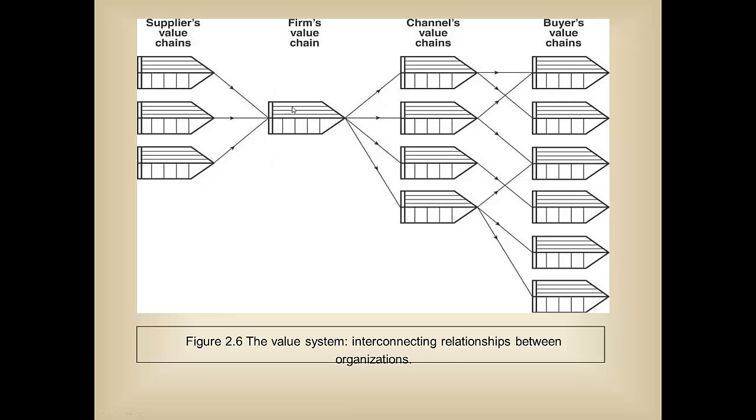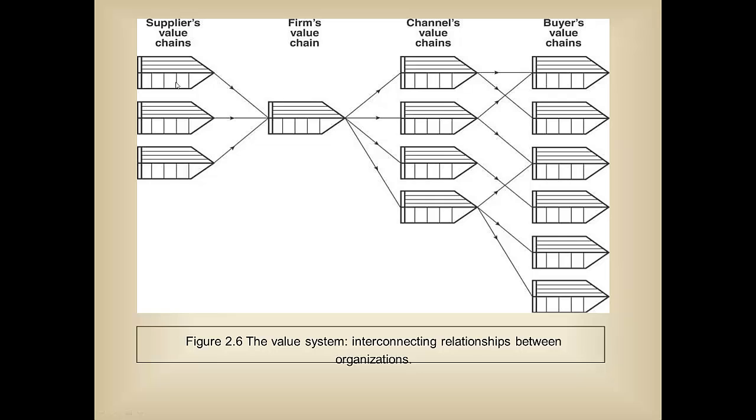We were just looking at this example of the firm's value chain, with the support activities on top and the primary activities on the bottom. Then, in this example, we have 3 different suppliers for 3 parts of our product, let's say. You may have 50, you may have 2, or only 1.